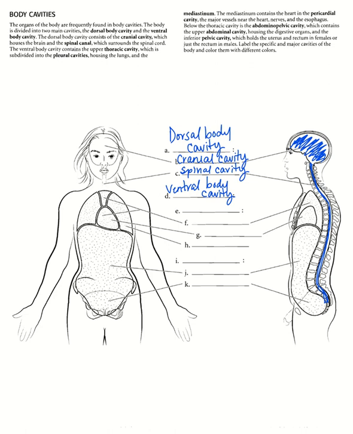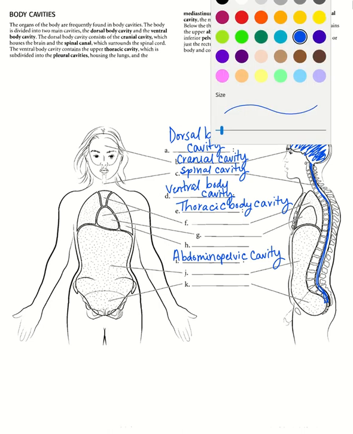The ventral body cavity is a bit more involved because it has two subcategories, one being thoracic, the thoracic body cavity, and the second being the abdominopelvic cavity. And I'm going to switch up my colors here.